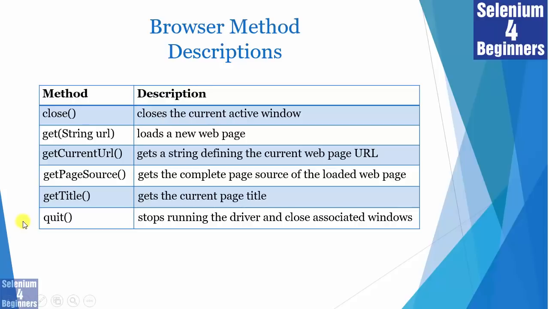Quit stops running the driver and closes the window. Many times, automation engineers alternate between using close and quit because they are similar methods. I will demonstrate the difference between both methods using LinkedIn as our AUT, application under test.